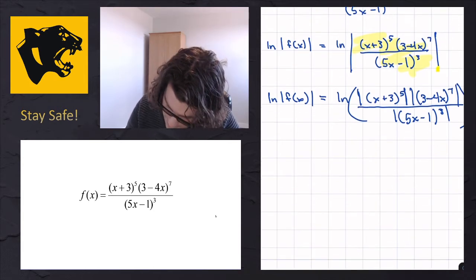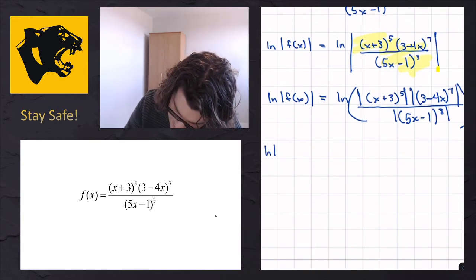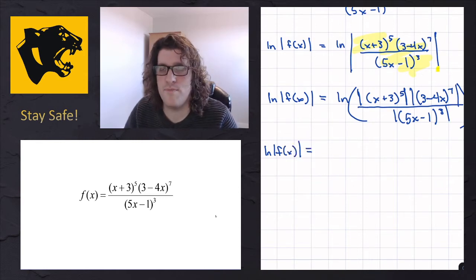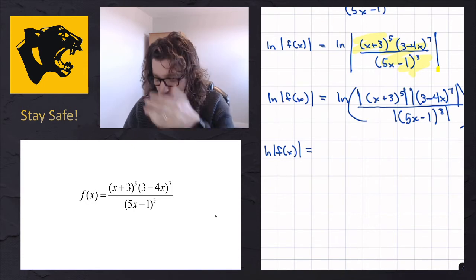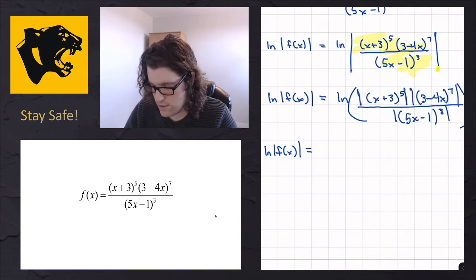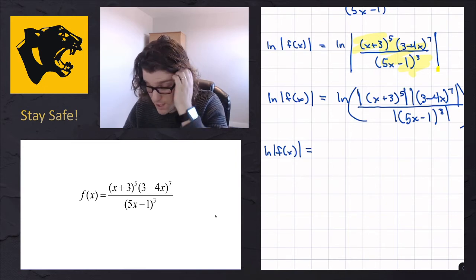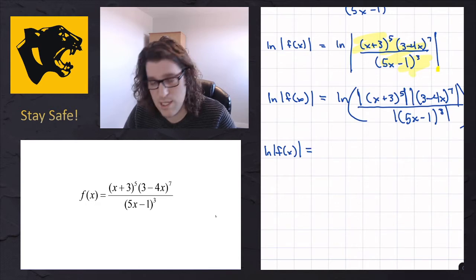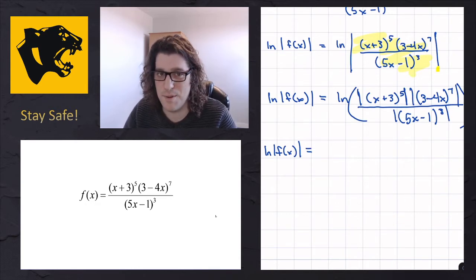I'm going to take that right-hand side still and perform the step that makes it a little more clear why we're doing this. I'm going to break this up into 3 separate logarithms. When we see pieces that are multiplied together, they become addition of separate logarithms.